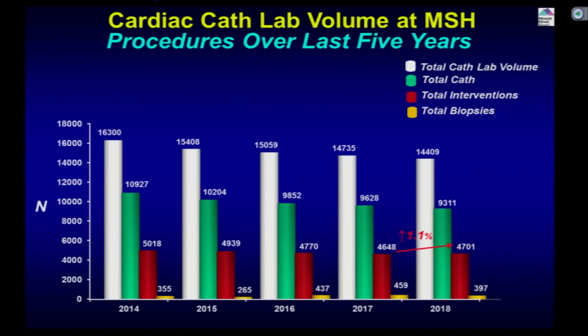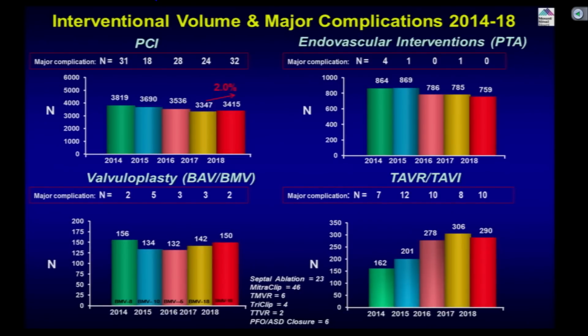First we show the volume. Over the years it has been a practice in America, and also here, that we continue to have a little decline in intervention. You can see for the first time the aggregate intervention increased by 1.1% in Mount Sinai Cath Lab. So a plus point. And this is largely because of complex cases referred to us.